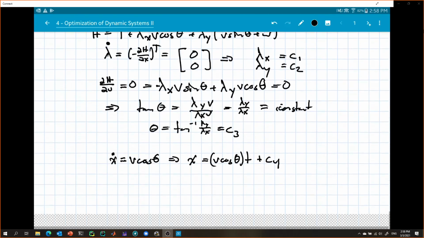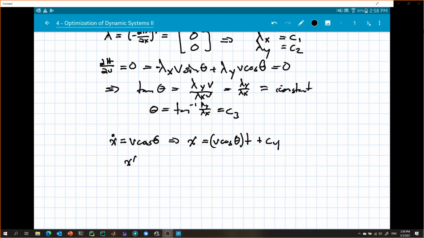Because x at t equals 0 is equal to 0, C4 is equal to 0. So then we get x is equal to V t cosine theta.